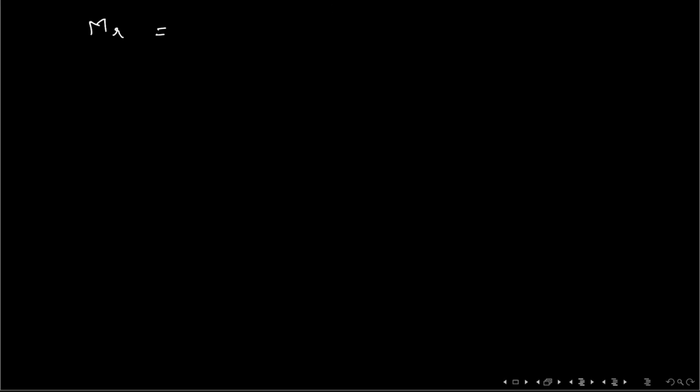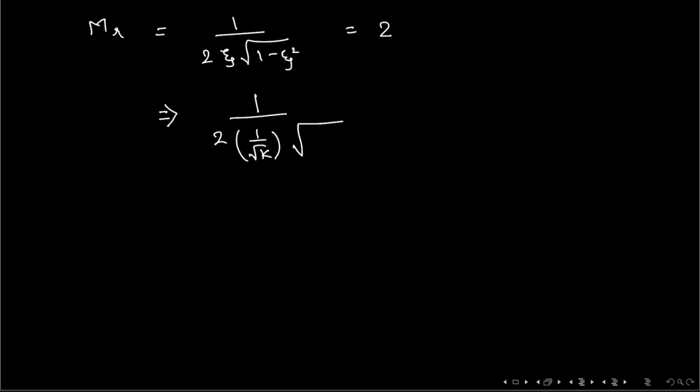Mr is equal to 1 / (2ζ√(1 − ζ²)), which is equal to 2. Substituting, this is 1 / (2 · (1/√K) · √(1 − 1/K)) = 2.